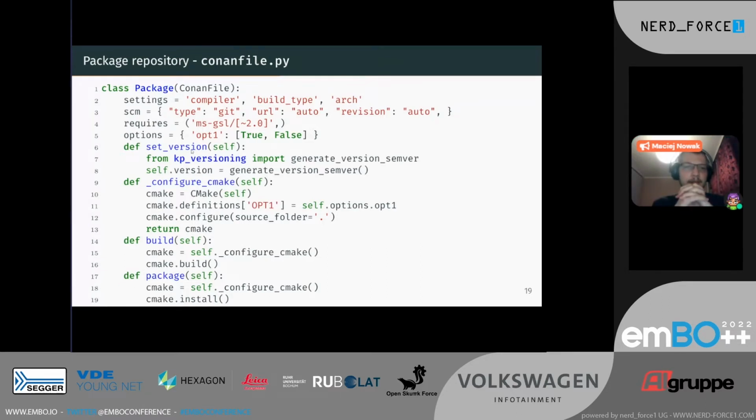But the important thing here is that versioning is automatic for Conan packages. To not include source files with the package, we are using SCM with automatic repository discovery. So sources are not included in the package, and if you'd like to build a package on demand, you will have to fetch sources from GitLab.